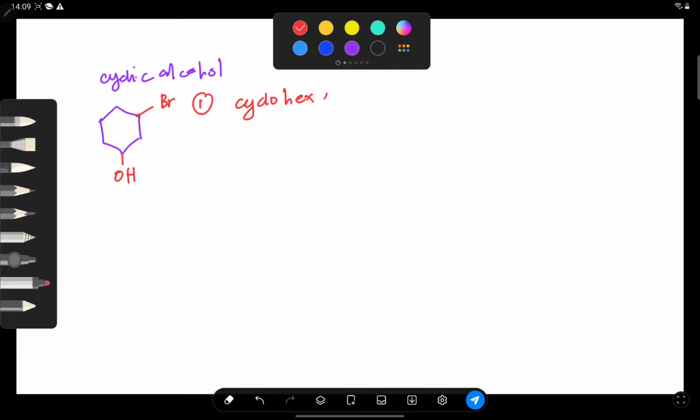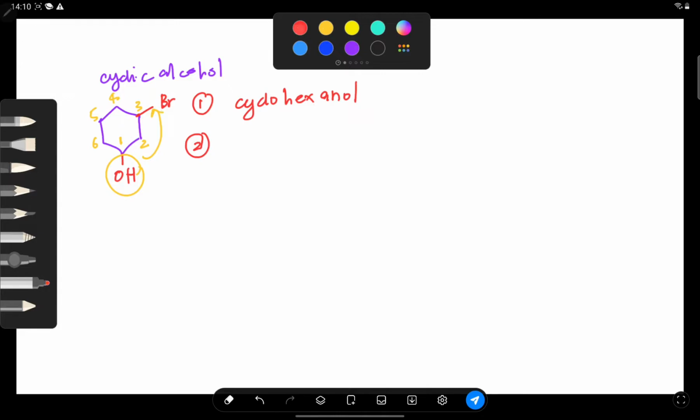It will be cyclohexanol. And then you need to locate the position of the substituent. Please make sure the location of the OH group is at the lowest number. So lowest number means here number 1, 2, 3, 4, 5, 6. So it is anti-clockwise.